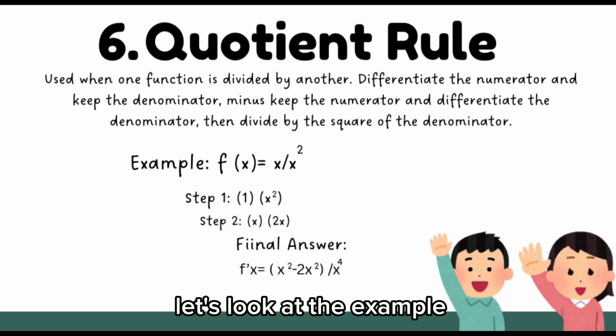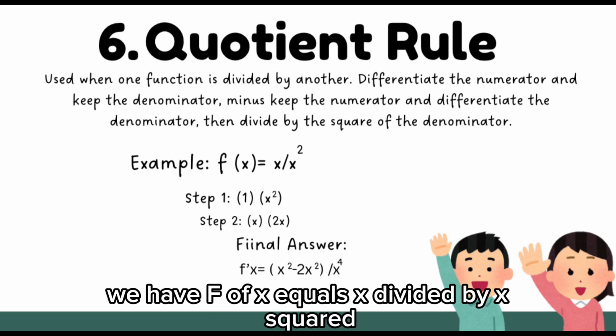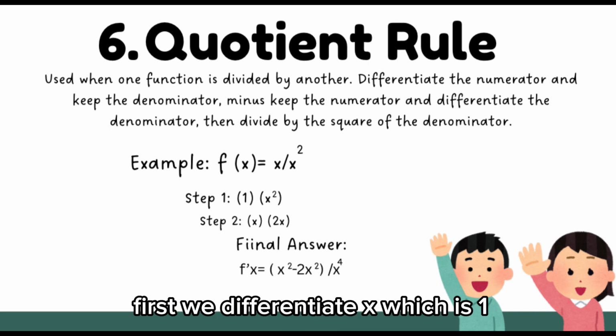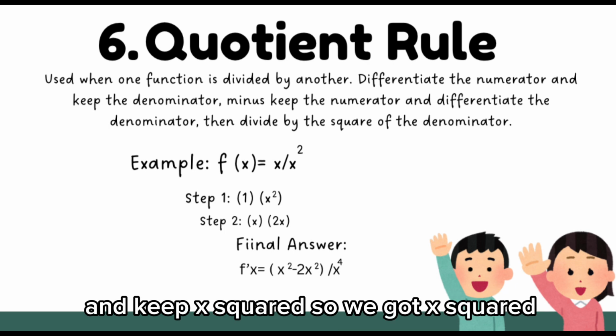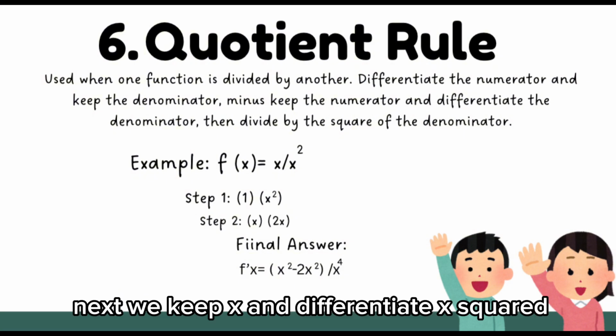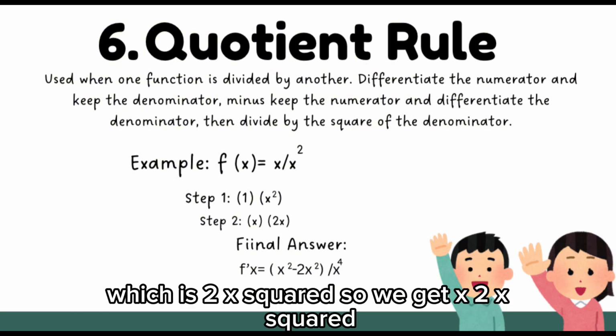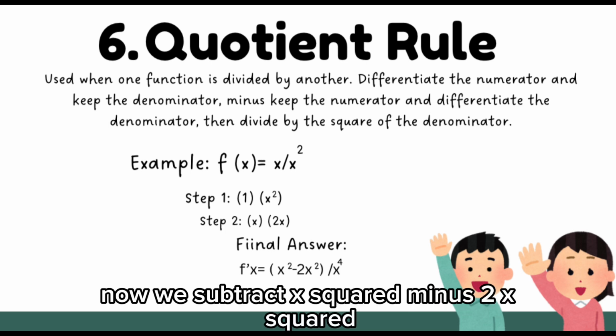Let's look at the example. We have f of x equals x divided by x squared. First, we differentiate x, which is 1, and keep x squared. So we get x squared. Next, we keep x and differentiate x squared, which is 2x. So we get x times 2x, or 2x squared. Now we subtract x squared minus 2x squared.